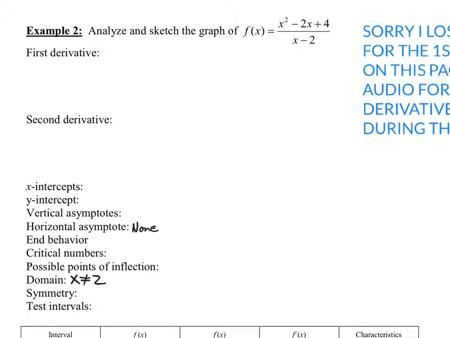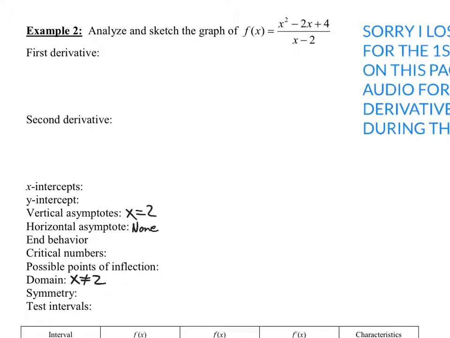Can we factor the top? No. So there's not going to be anything that we can cancel out here. If it doesn't cancel out, it's a vertical asymptote. So the vertical asymptote is at x equals 2.